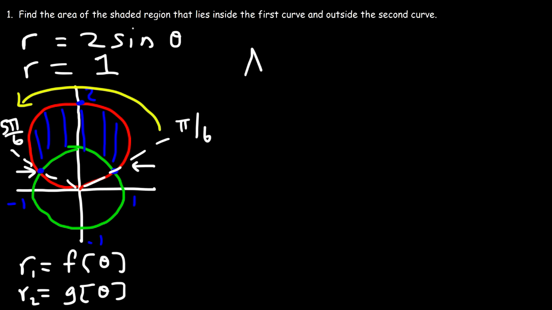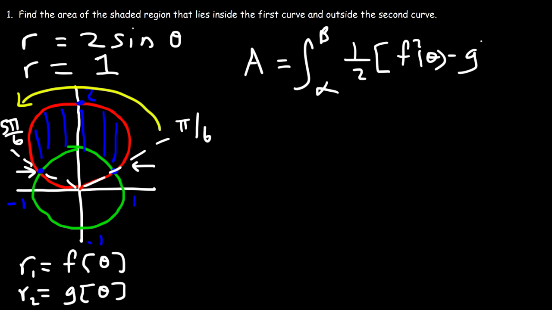So you can write it this way if you want. The area between two curves is going to be the integral from alpha to beta of 1/2 f of theta squared minus g of theta squared d theta. Or if you prefer, you can write it this way: 1/2 r1 squared minus r2 squared d theta. I prefer it that way because there's just less to write.